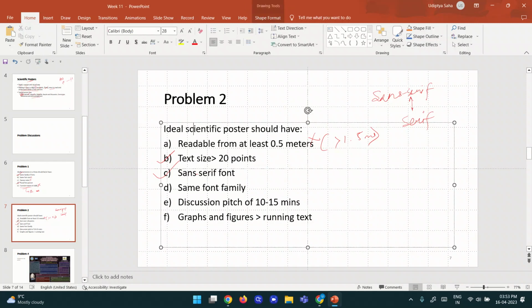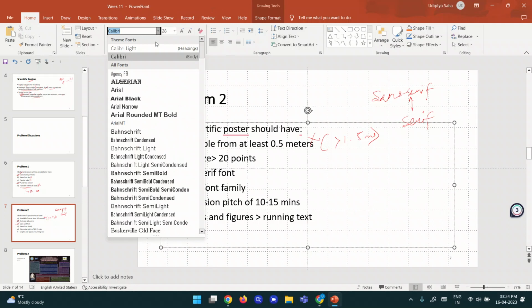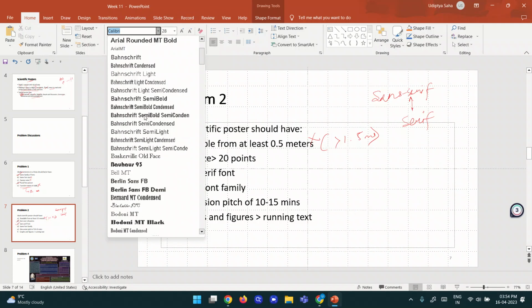Calibri. So this is actually sans serif. If you want the difference, you can see it actually, so I will write something else.